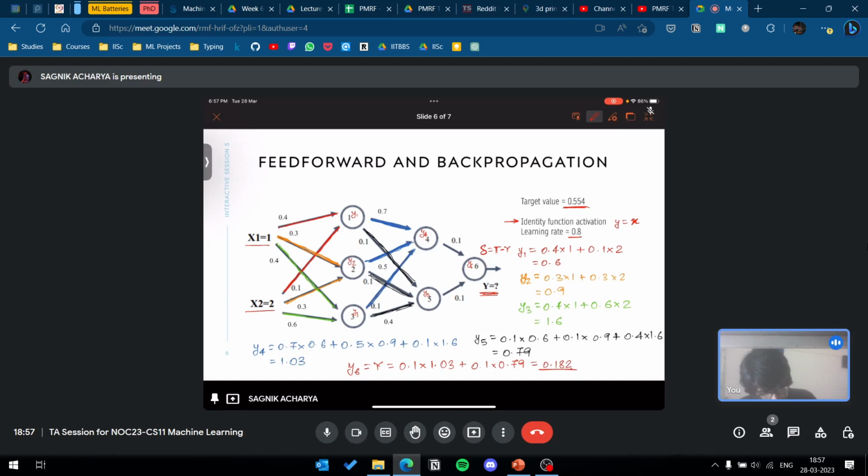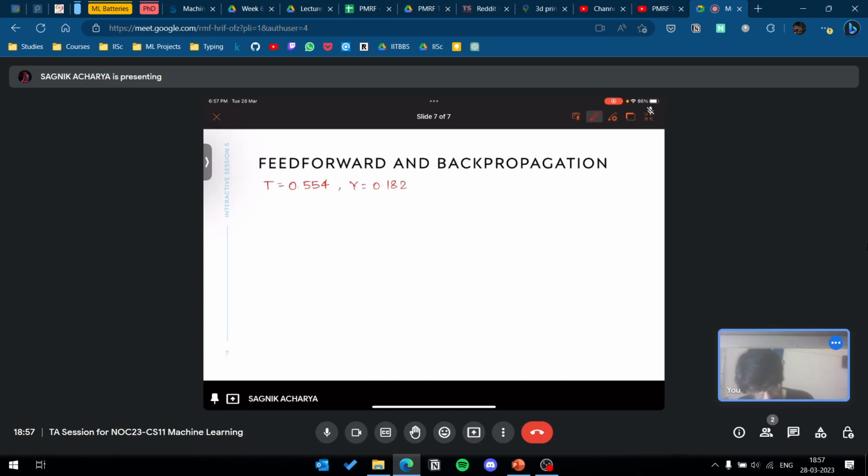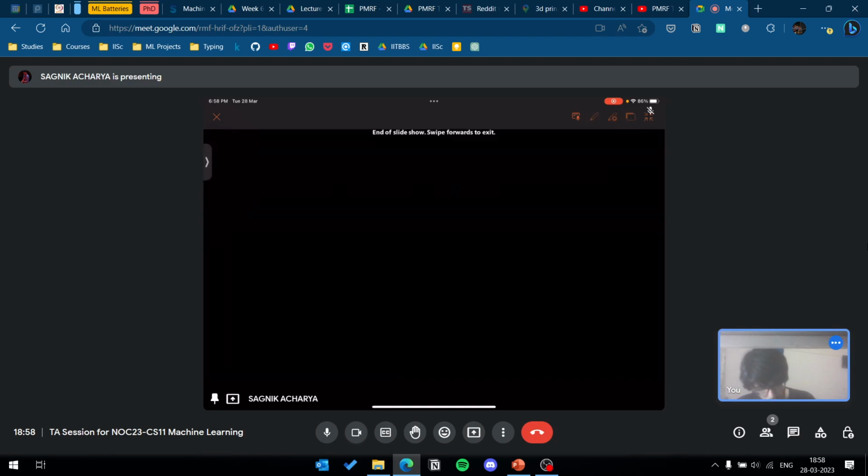And then for every neuron, we'll have delta 4, delta 5, delta 1, delta 2, and delta 3, right? I'll get to how we calculate them. First, let's calculate delta. So delta is just 0.554 minus 0.182, which is 0.372, right?